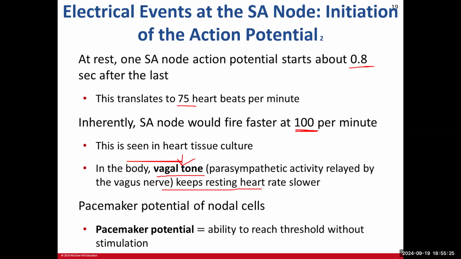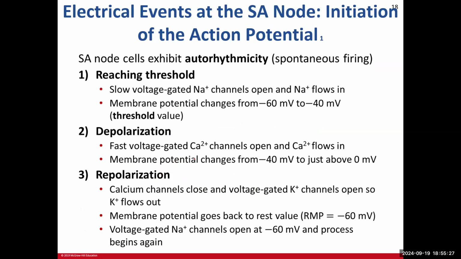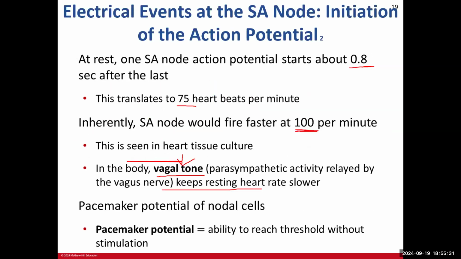So keep in mind, when we talk about this autorhythmicity, that spontaneous firing, that returns us back to that pacemaker potential here, right? The ability for us to reach the threshold with no stimulation. We don't need the nervous system to affect those nodal cells.